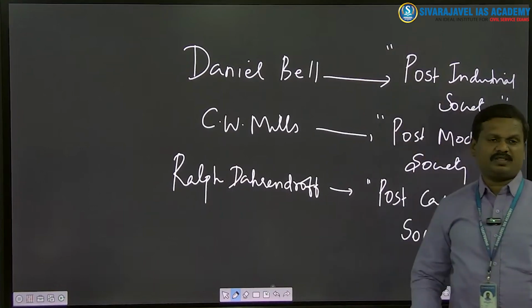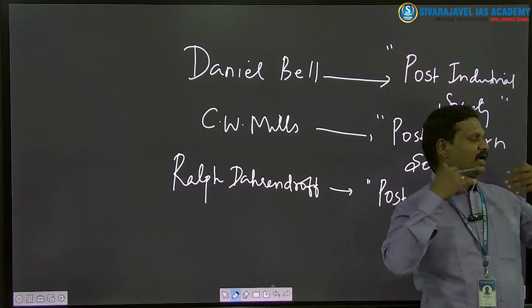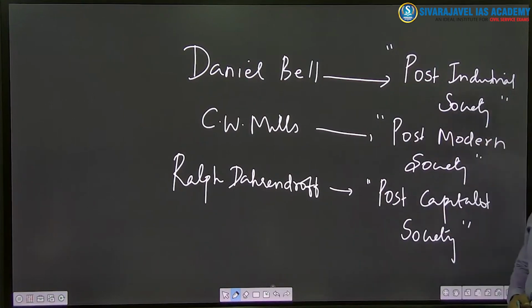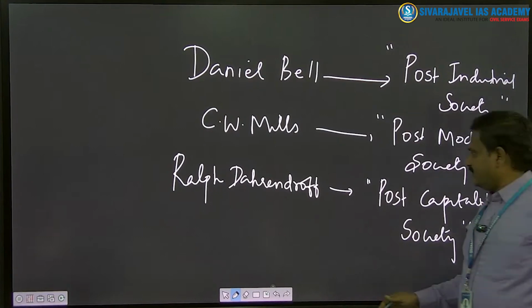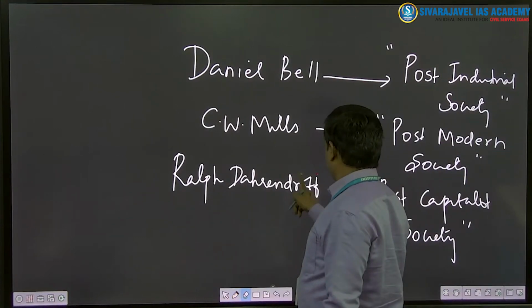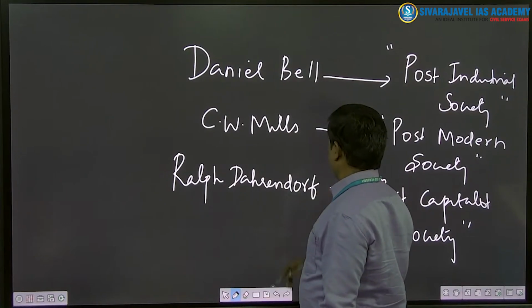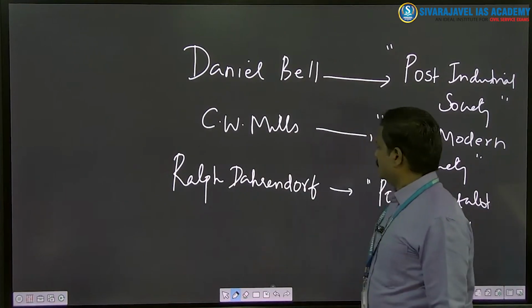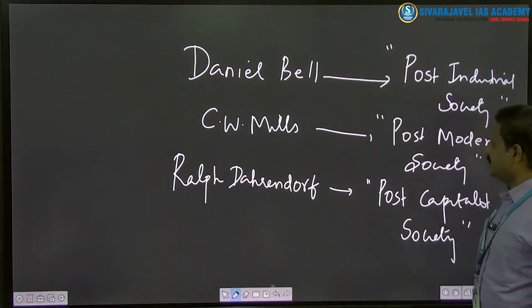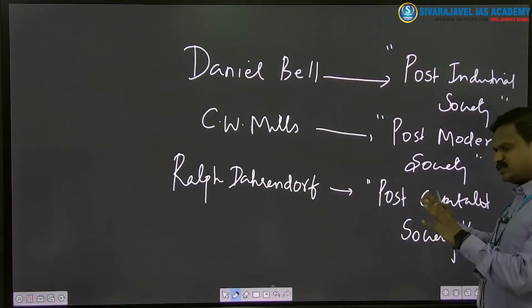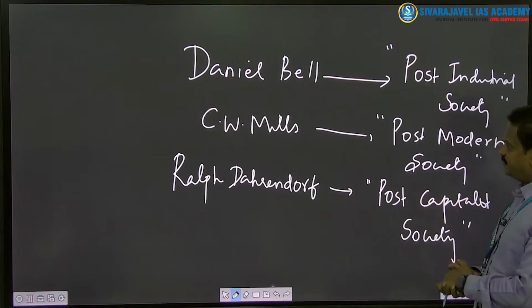They speak about the rise of a new society after modern society. Dahrendorf, C. Wright Mills, and Daniel Bell use different names to refer to the same society.